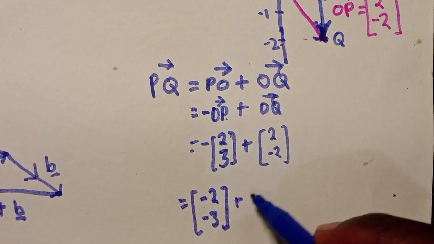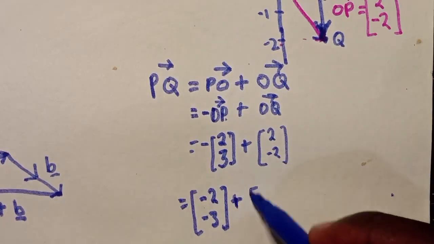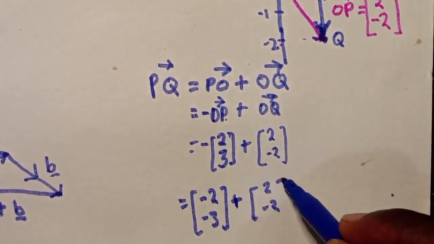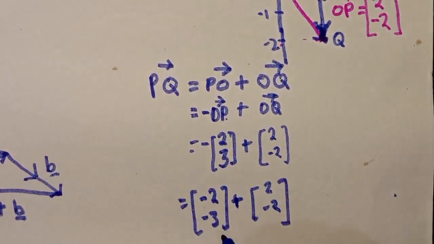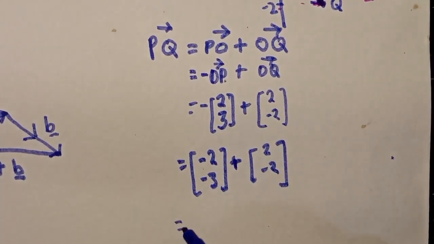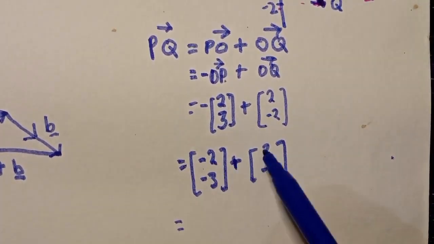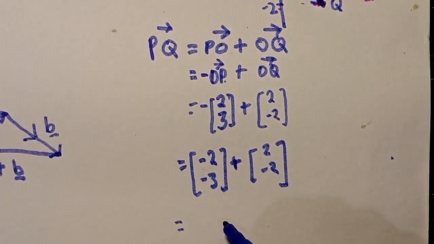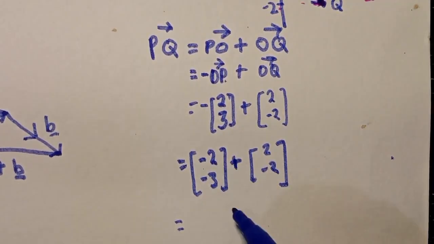Now, if you've solved matrices before, you know that when you are adding matrices, they have to be of the same order. So this is a 2 by 1, 2 by 1, and you add corresponding values. So negative 2 plus 2, what do we get? This will give us 0.